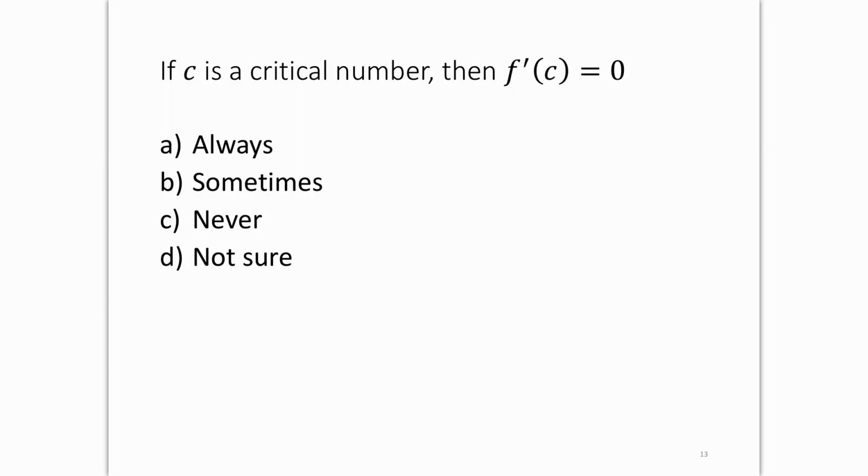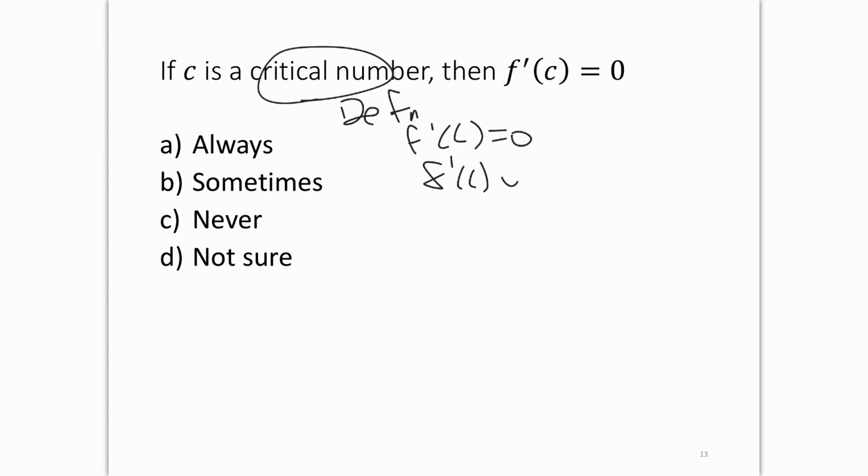Okay, well, the definition of a critical number is that f prime of C is equal to 0, or f prime of C is undefined. So if we have a critical number, we don't necessarily have the derivative being 0. Sometimes the derivative is 0, but sometimes the derivative is undefined. So this is sometimes true.